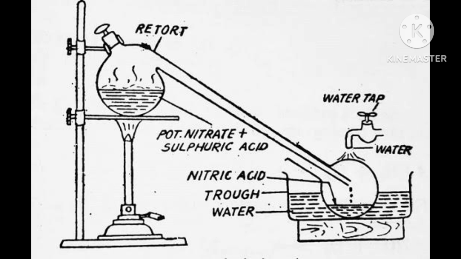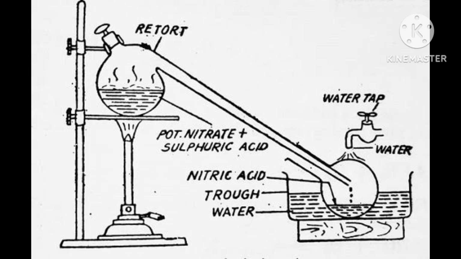And the last reaction is Zn plus 4HNO3. Now it is concentrated; the 10HNO3 was dilute. Again you are getting Zn(NO3)2 plus 2H2O plus 2NO2. This is all four reactions with balanced equations.